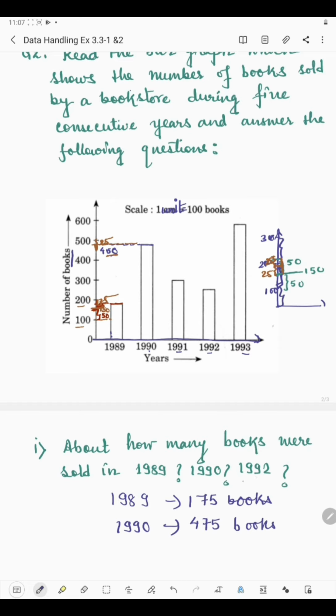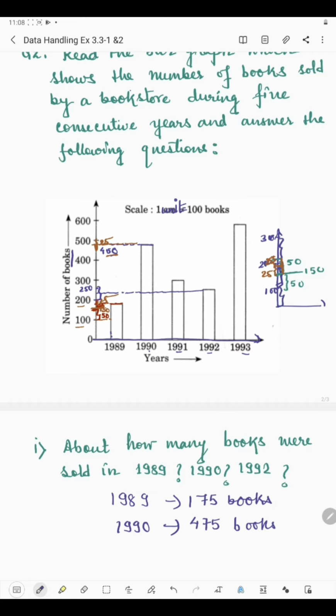Now how many books were sold in 1992? This is the height of the bar. If you put the scale here, it is showing up to this. Between 200 and 300, 250 comes, exactly in between. Now this line is going below 250.